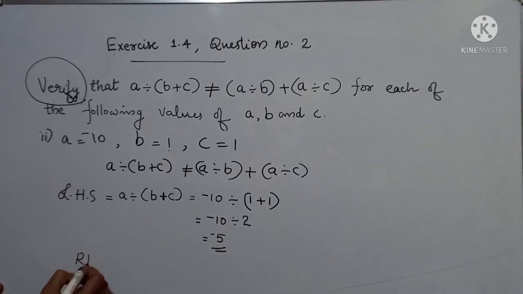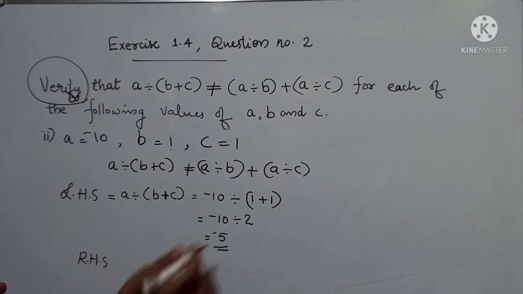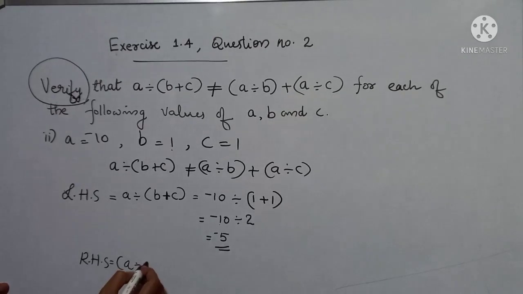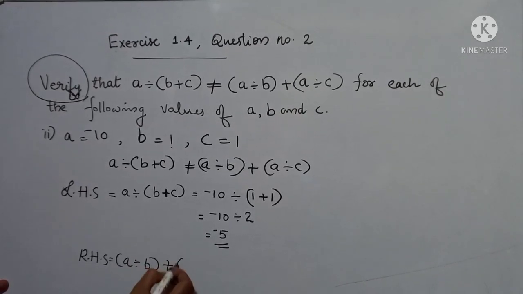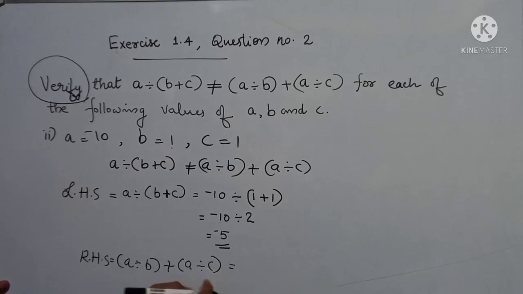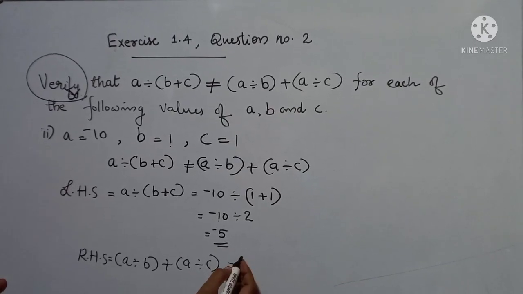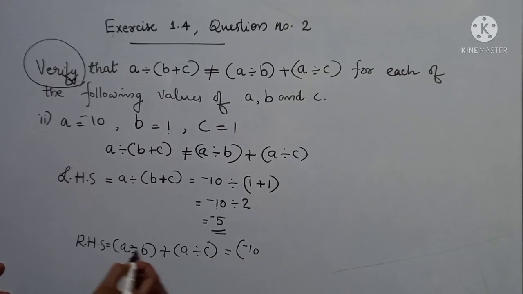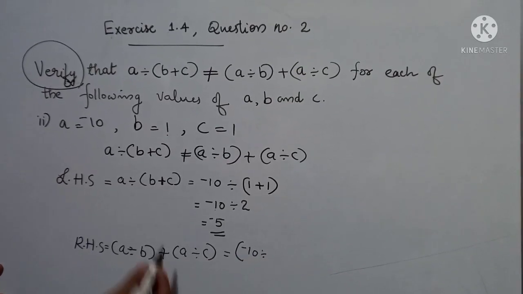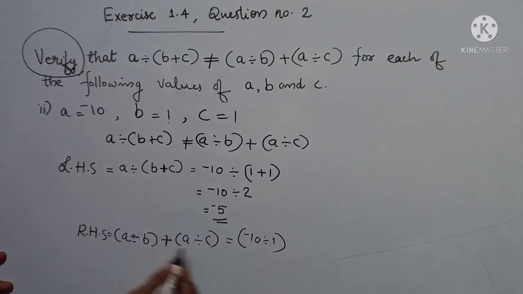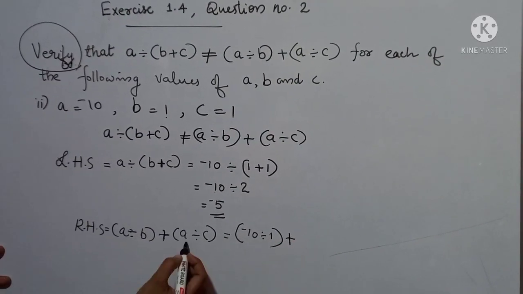Similarly, find RHS also, right hand side. That is a divided by b plus a divided by c. Put the values of a, b and c. A divided by b. A is minus 10 divided by b. B is equal to 1. Close the bracket. Then put that plus here.